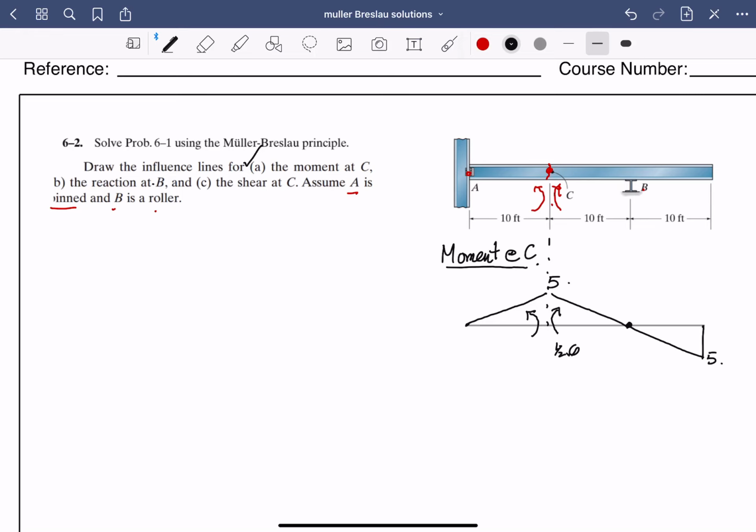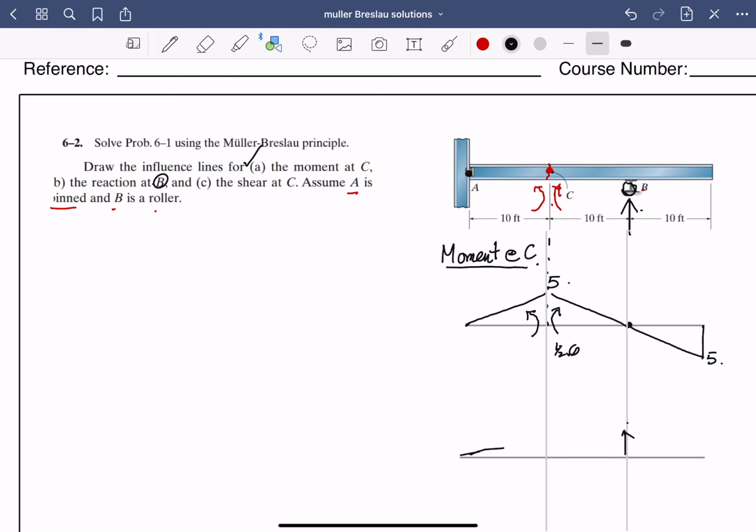Now reaction at B. What we do is we take that member and put an upward load to it. And again, this is free to rotate. Maybe I should also draw a straight line here. At B, remember this is a reaction, so we're going to push it up 1 unit.